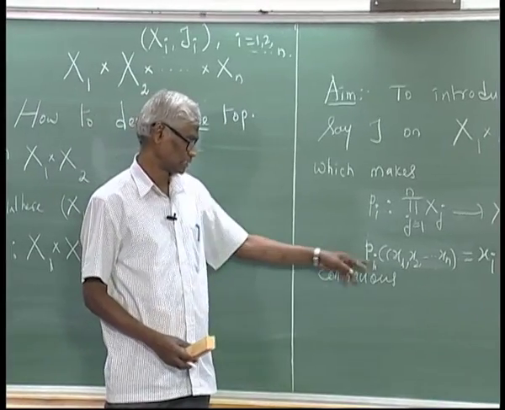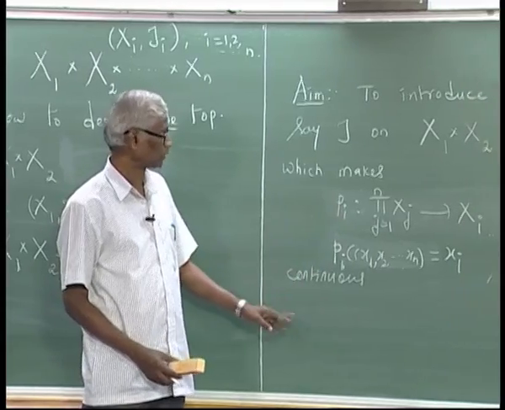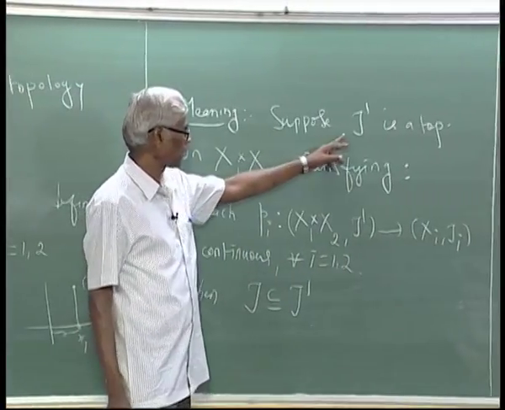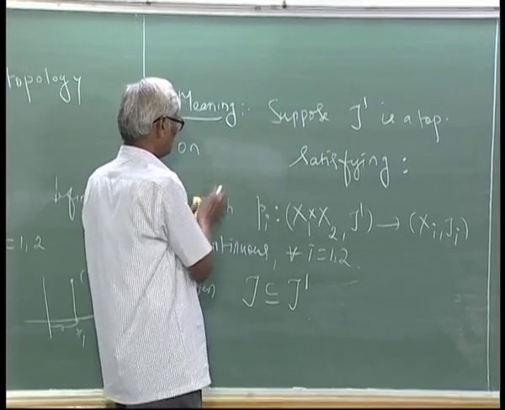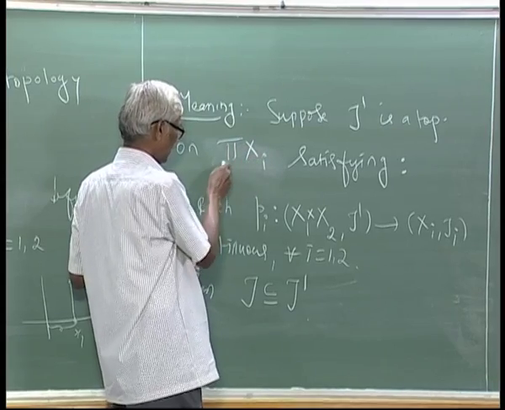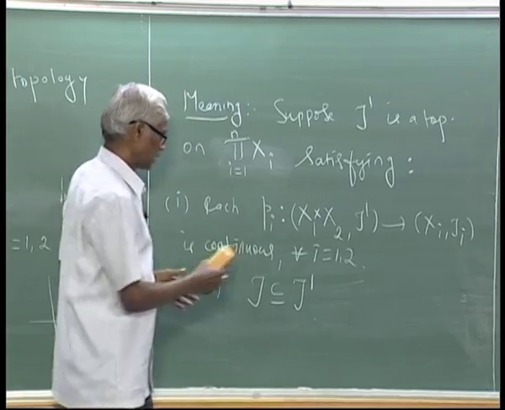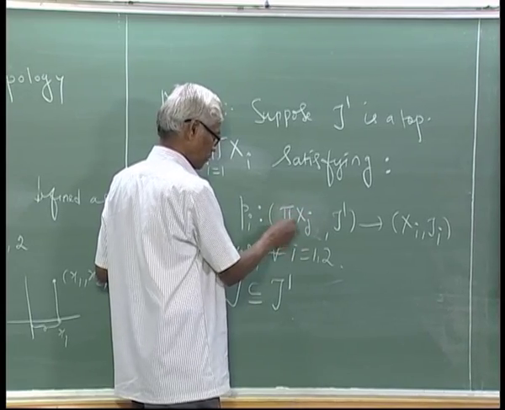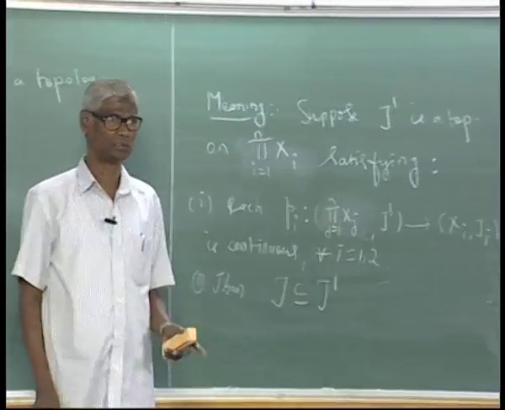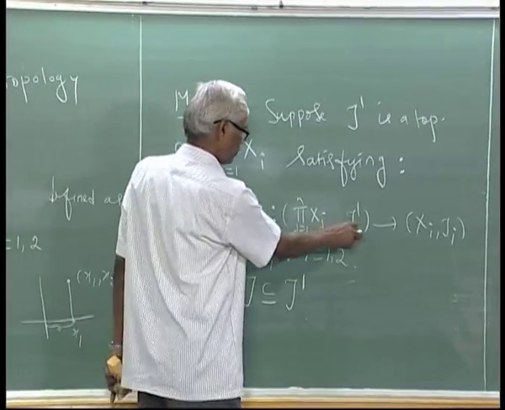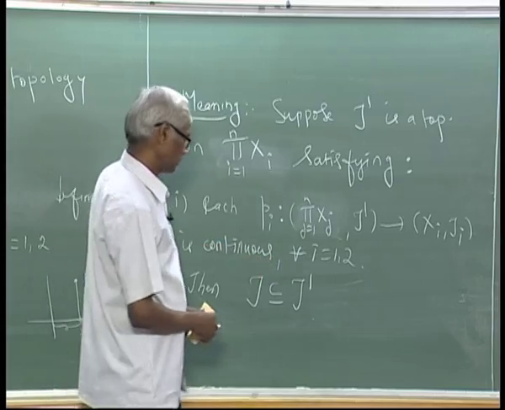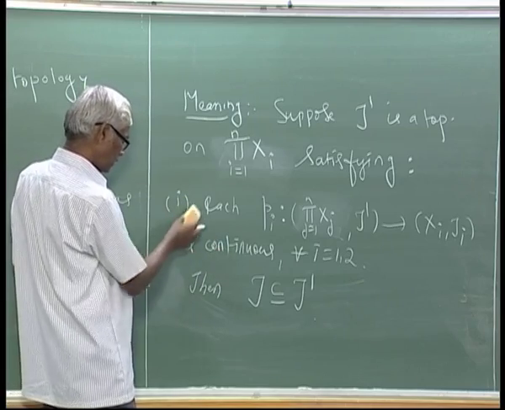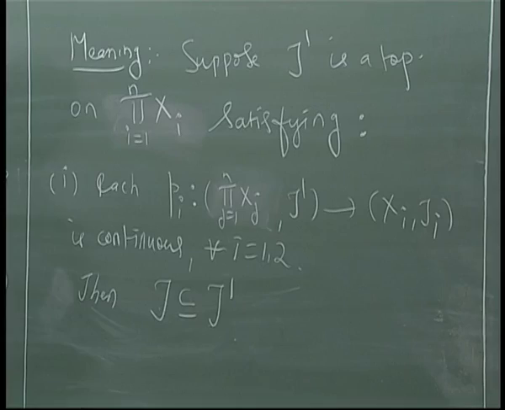Then we want such a Pi to be continuous with respect to the topology tau, and whenever tau prime is a topology on this Cartesian product of the Xi, i from 1 to n, satisfying the condition that Pi from X1 cross X2 cross ... cross Xn to Xi is continuous, this implies tau should be contained in tau prime.